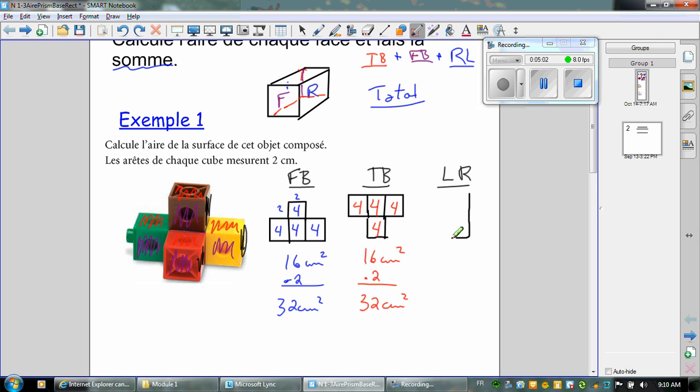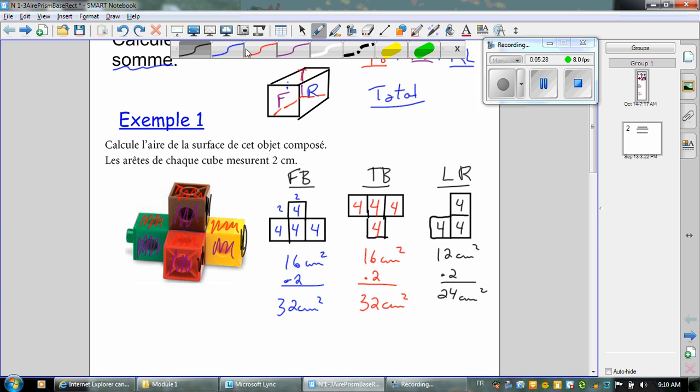I would see the 2 faces on top of each other, plus one sticking out. So I would see like an L shape. And again, each face is 4. I would see those 3 faces, and so the total surface area would be 12 centimeters squared. And I doubled that to get 24 centimeters squared.